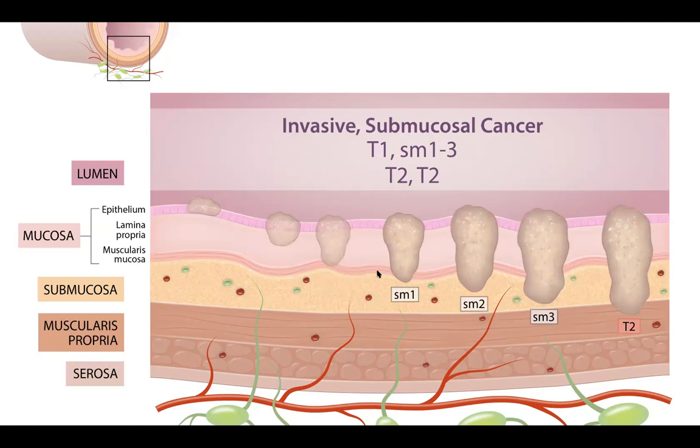And when it goes through the muscularis mucosa, then it becomes invasive cancer. Invasive cancer could be limited to the upper 1/3, go down to the middle 1/3, or lower 1/3 of the submucosa. And then it becomes a T2 cancer when it touches the muscle.